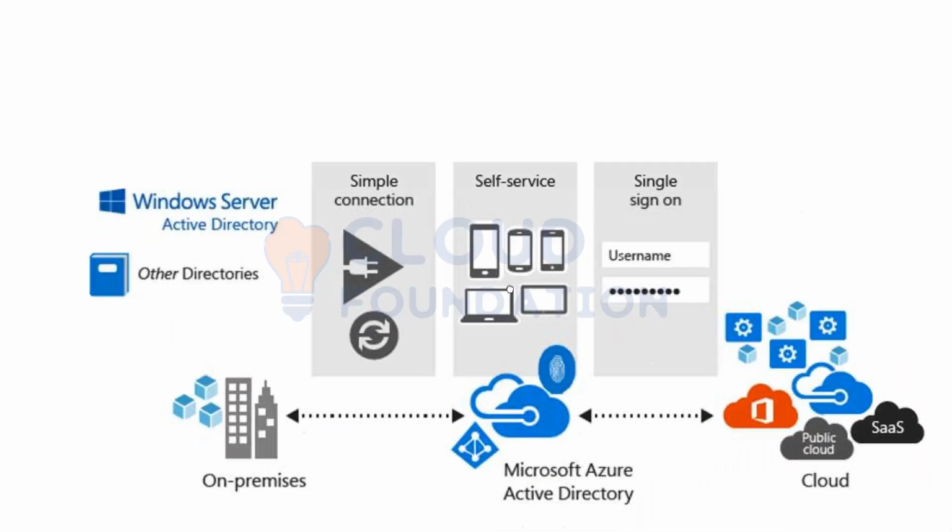If you look at the resources over here, on one side you have your Windows Server Active Directory, which I was talking about, with the 5 components: ADDS, ADCS, ADLDS, ADRMS, and ADFS. There could be other directories as well, which will help you store the information or work with those resources. So this is something which exists within your on-premises environment.